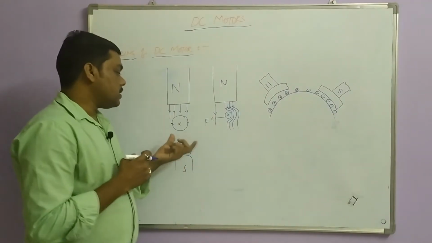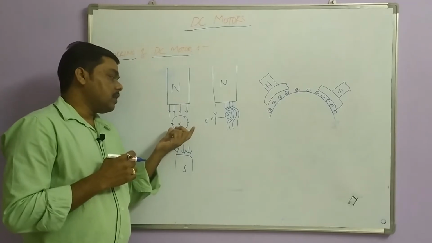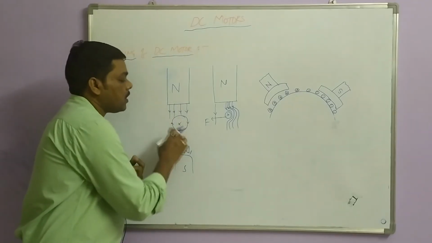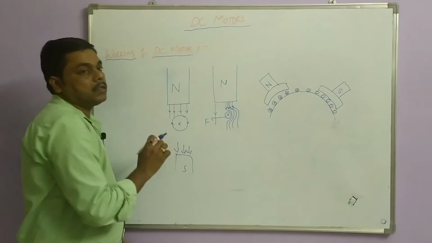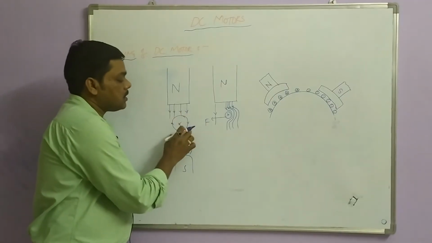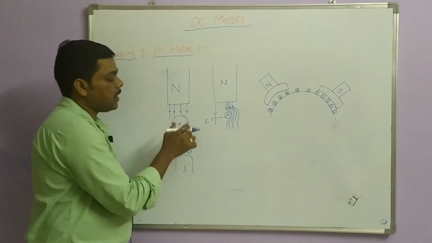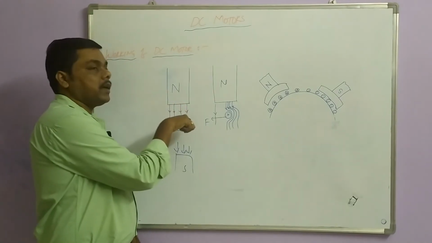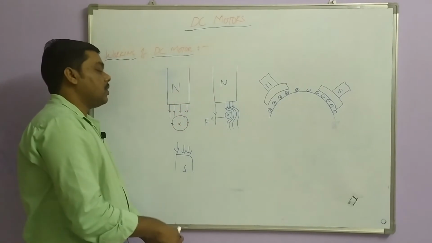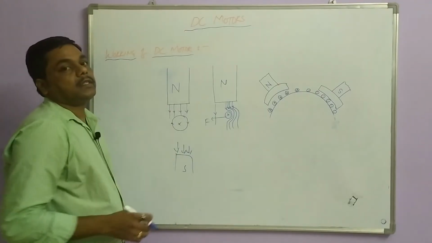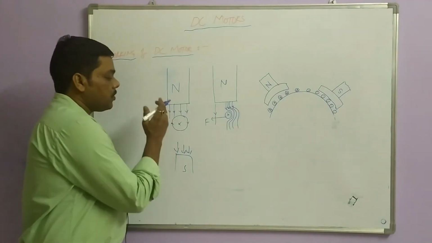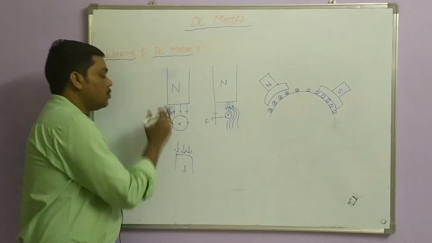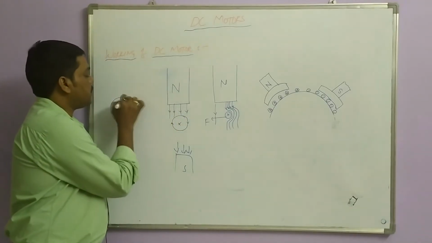Now when the current is entering the plane, the direction of the flux that the current carries is given by the right hand thumb rule. The current is entering in this direction, so the flux is rotating in the clockwise direction. Now if you divide these flux lines into two halves, I am showing here again.